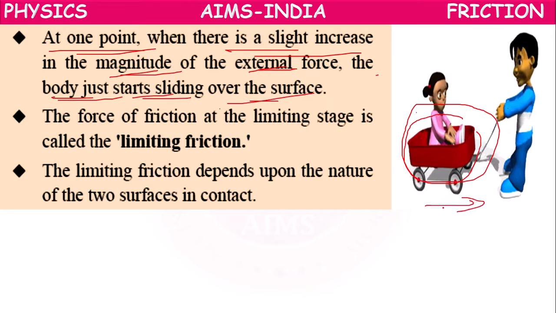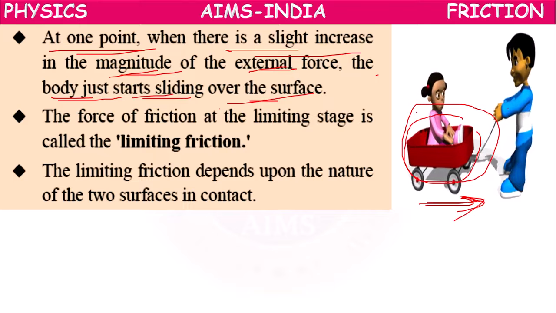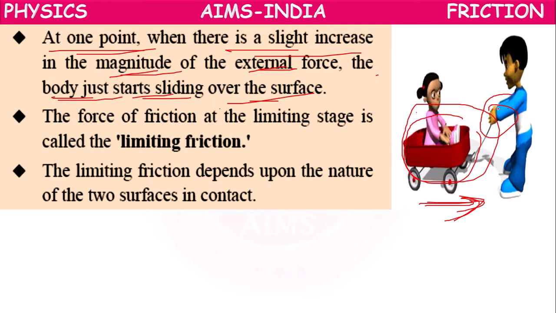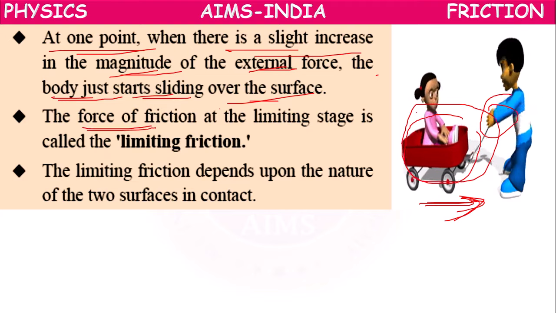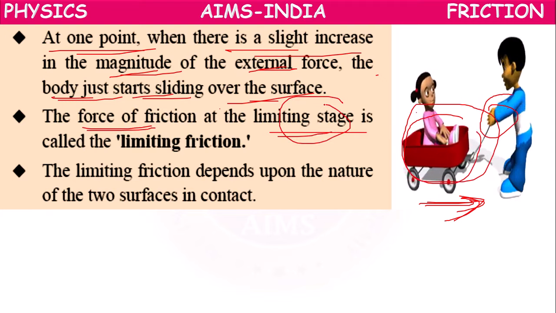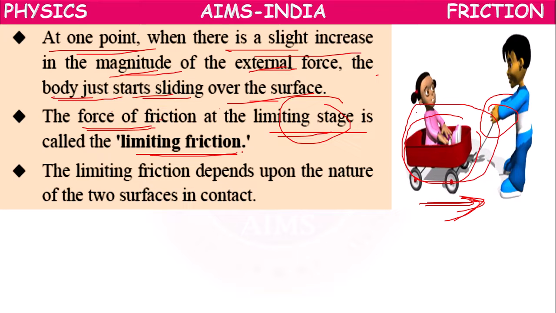This force is enough to make it move. If we increase the force more, it will slide continuously. The force of friction at the limiting stage, the stage at which it is ready to move, is called limiting friction.